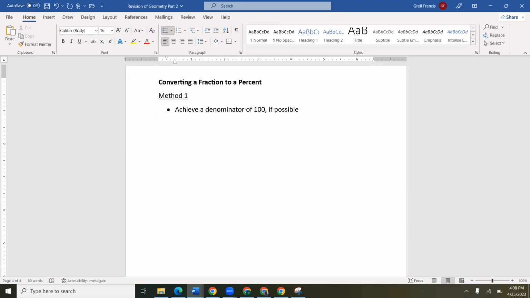Here, the original denominator must be a factor of 100. And then afterwards, you write down the numerator, then the percentage sign.